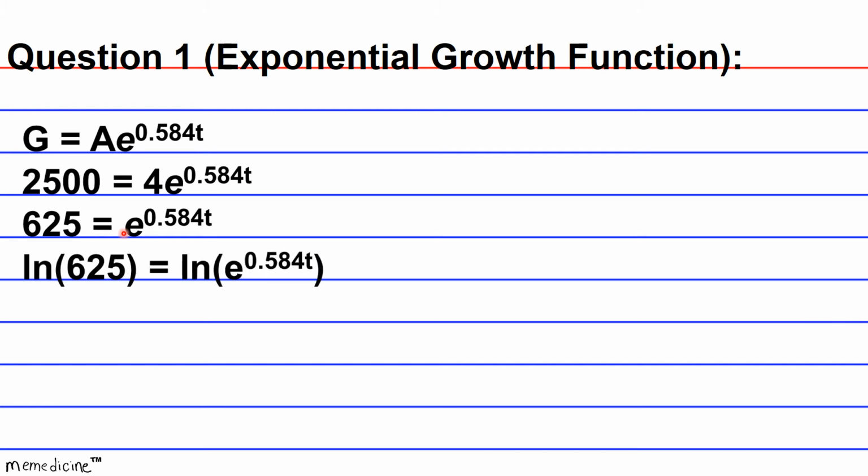So when we take the ln of 625, that's going to be equal to the ln of e raised to the 0.584t, because remember, whatever we do to one side of the equation, we have to do to the opposing side as well to keep things organized.